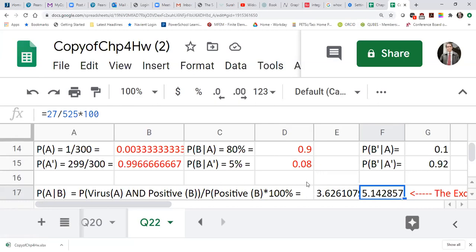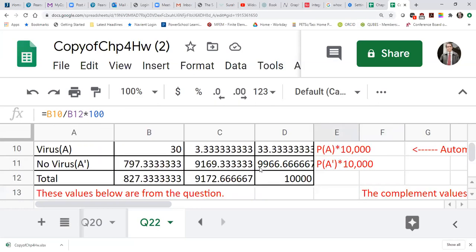So you can see the probability of virus and positive is in, okay, I think someone changed this thing. Oh no, I think I did it. Sorry, this should be here, so you can erase this one. It should be this one, the answer. So divide B10, which is got virus and positive, by B12, which is positive.